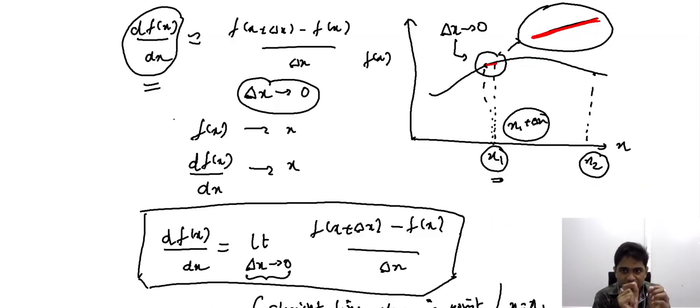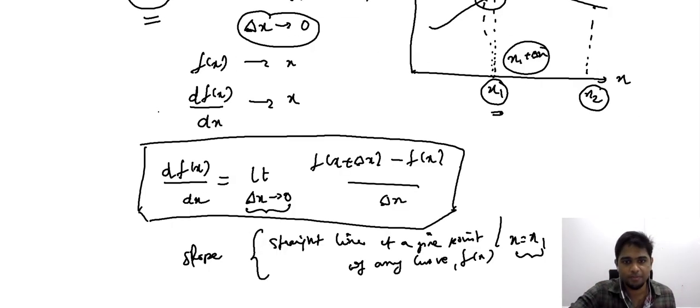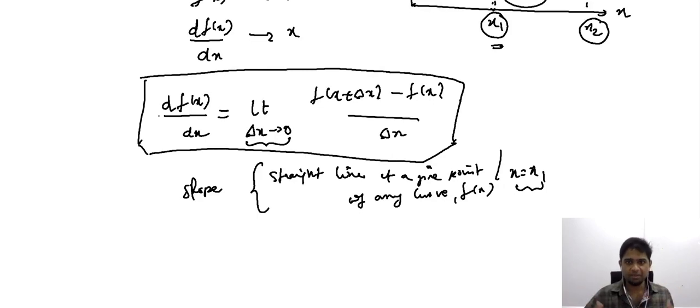A minuscule change in x, and how it influences f of x, is what we refer to as the derivative. In the graphical representation, when the change in the independent variable is minuscule, you end up having a straight line, and that straight line is referred to as the slope.